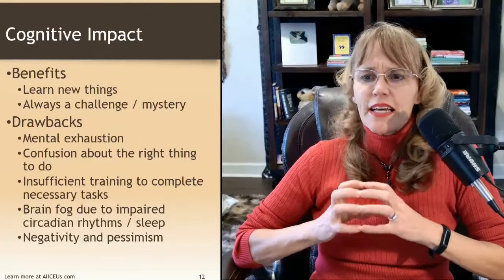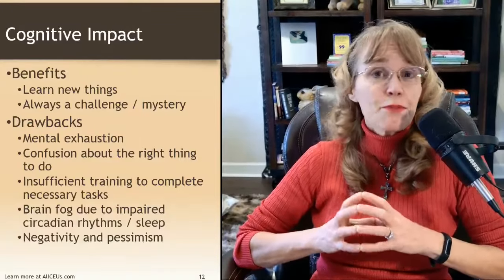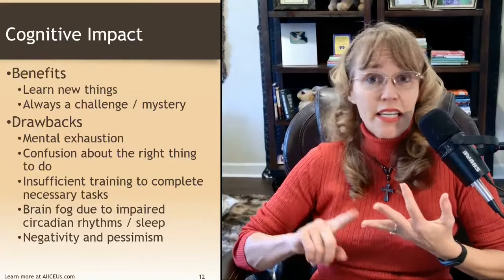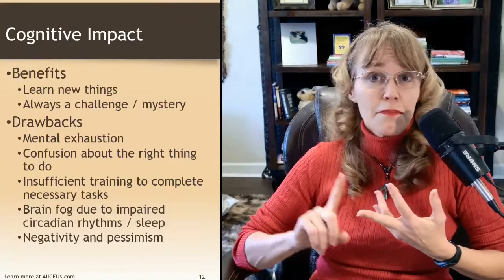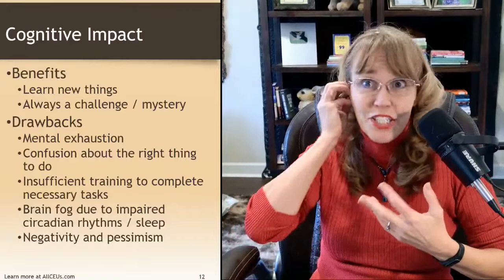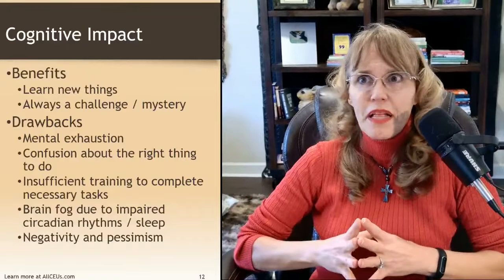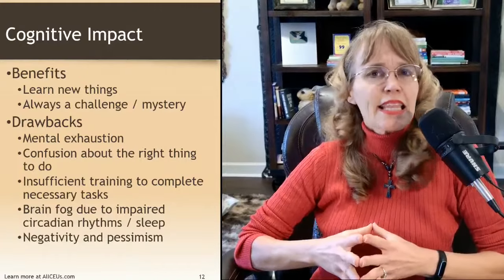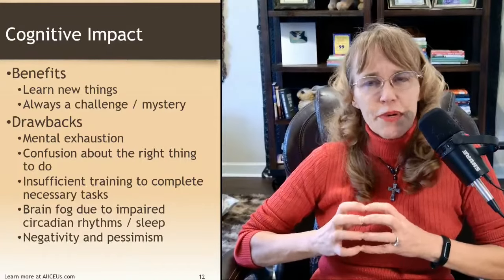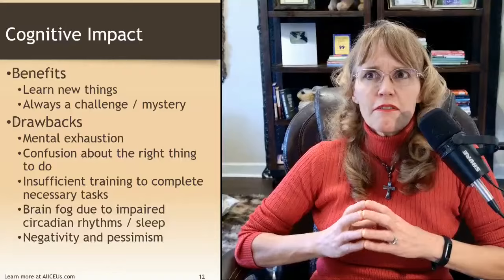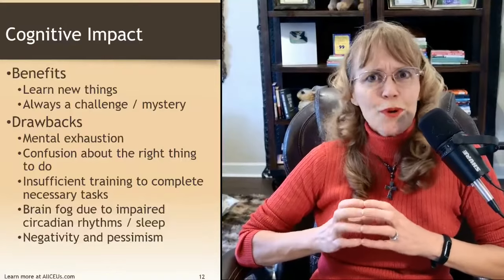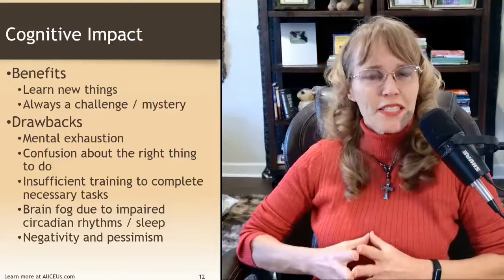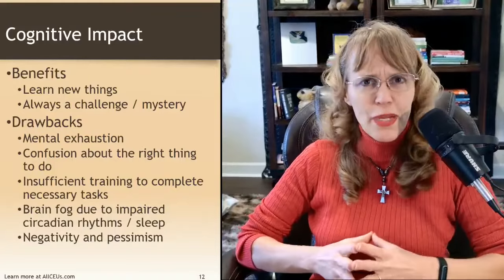There can be insufficient training to complete the necessary tasks, like giving insulin boluses, cleaning the insulin pumps, dealing with hearing aid issues. There are a lot of medical things, especially, that come up that people don't know how to deal with. But there's also a lot of emotional things and interpersonal things that come up when dealing with older adults, a lot of them we've talked about today and over the past couple of weeks.